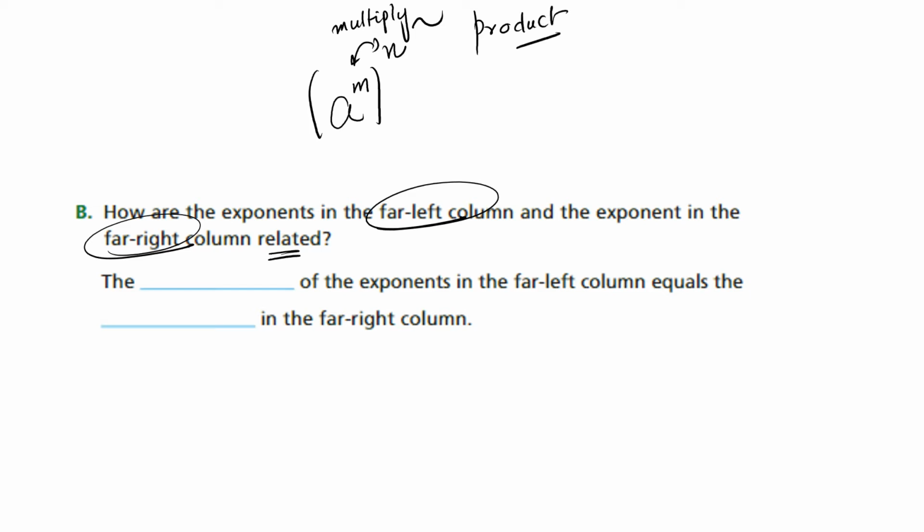So the product of the exponents in the far left column equals the exponent in the far right column. Here, either you write a to the power of m, n times, or you multiply m and n. Both answers are the same.